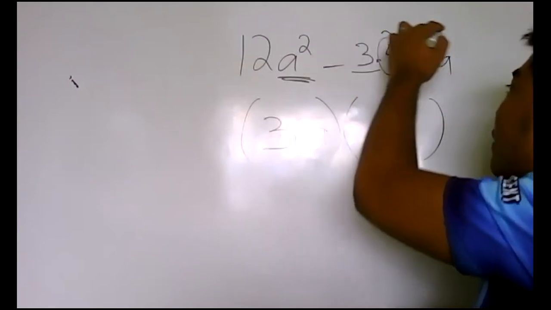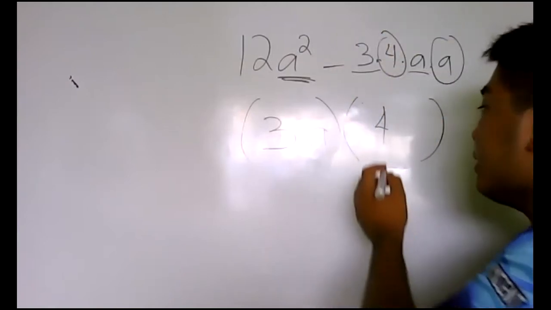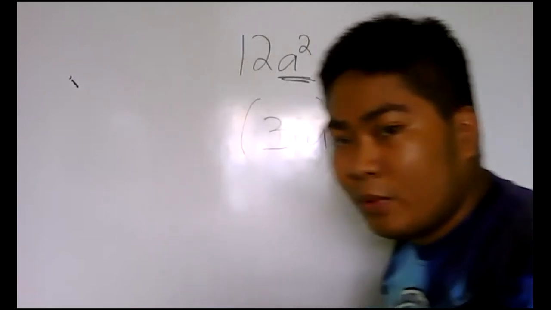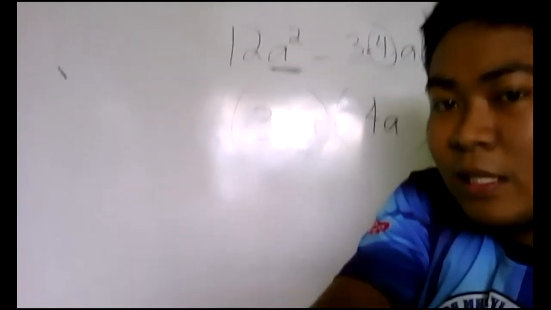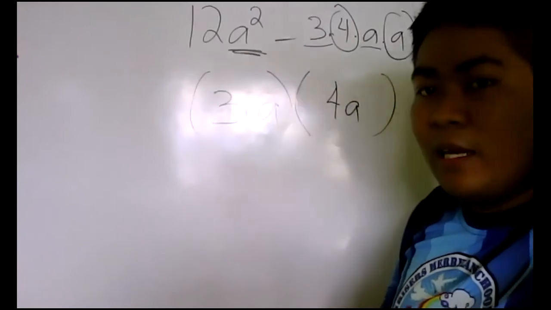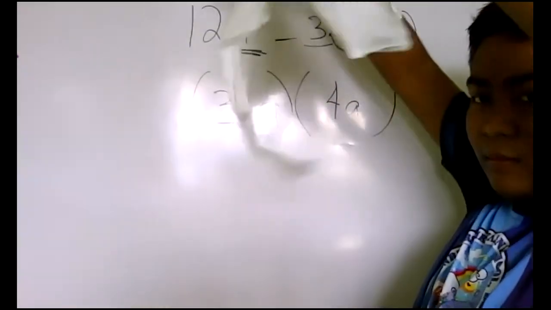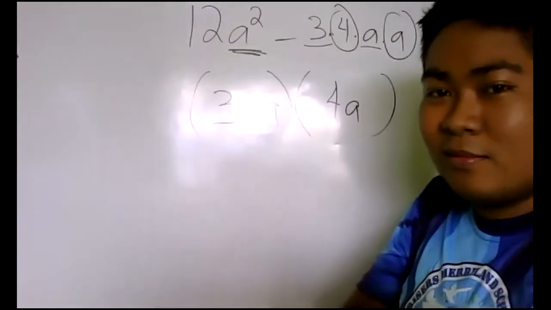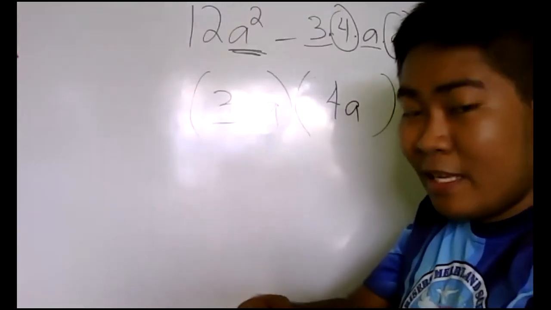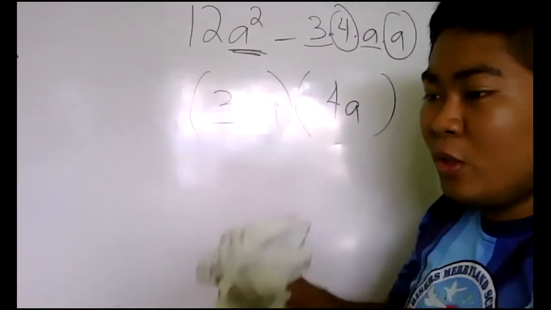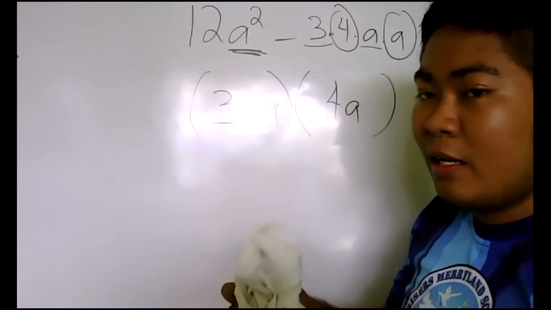And then 4 and a becomes 4a. So magiging sagot natin would be 3a times 4a. So kabaliktaran lang siya ng multiplication of monomials. So let's try to have another example.